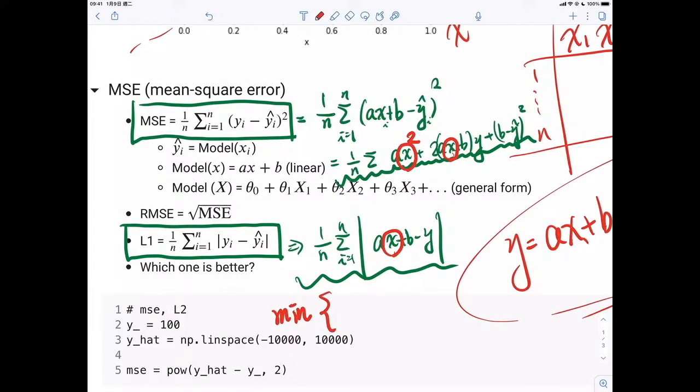Different models means their MSE value of model 1, MSE value of model 2, plus MSE value of model whatever, right? To compare different models, we are trying to figure out what is the minimum value among all those models, M1, M2, M3, so on and so forth.